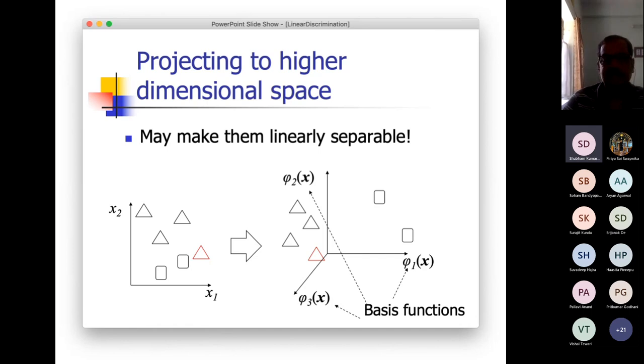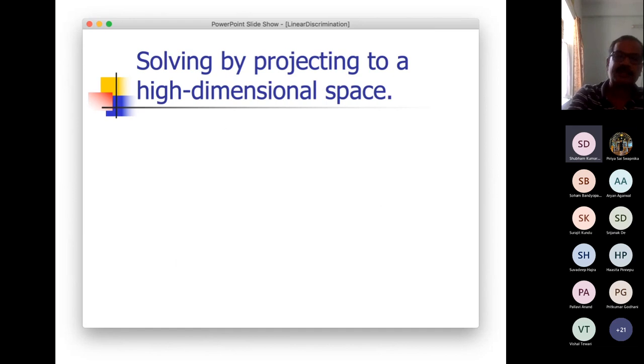So, which means that if I give you any new vector, this same transformation has to be performed, and the corresponding hyperplane in that higher dimensional space, which is used for discriminating the two classes, that hyperplane should be used. So that is the idea here. But we'll see that there are certain tricks by which these computations can be simplified.